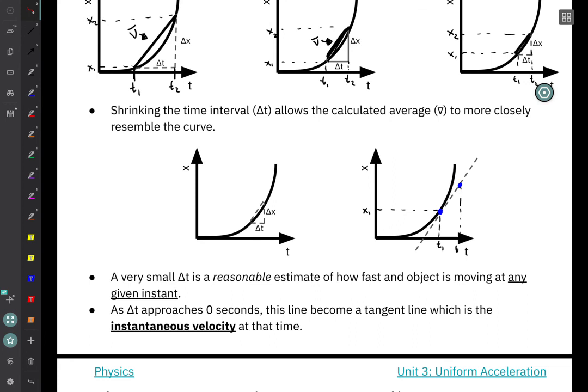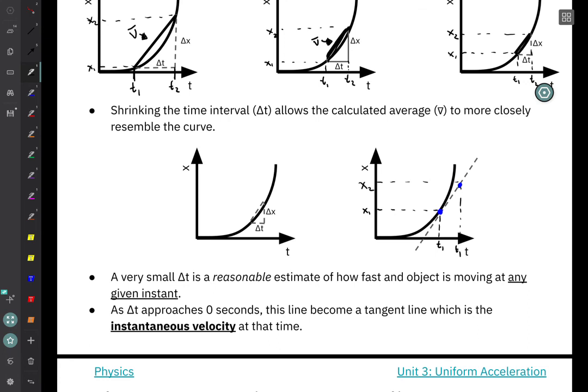So once we have that line of best fit, that is basically going to be our tangent. It's just a line that is touching your curve at a single point. We can use the point where it is touching our curve, which I'm going to have as x1 and t1. And then I'm going to use a second time and a second position.